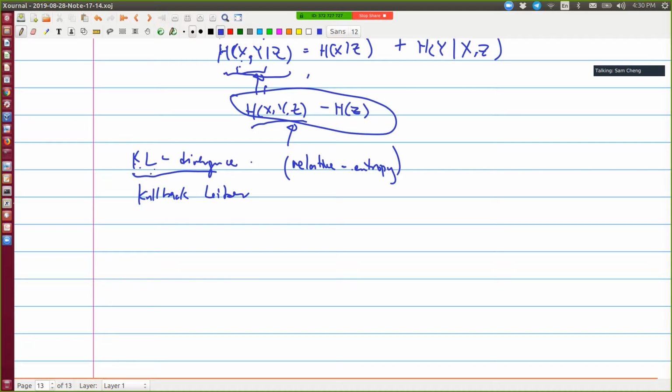KL divergence is basically a way to measure how different two distributions are. For example, I have two distributions, P(x) and Q(x), let's say continuous.